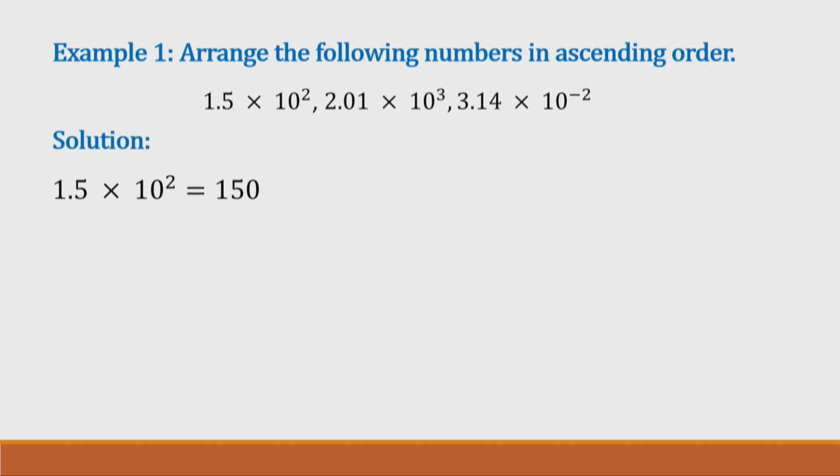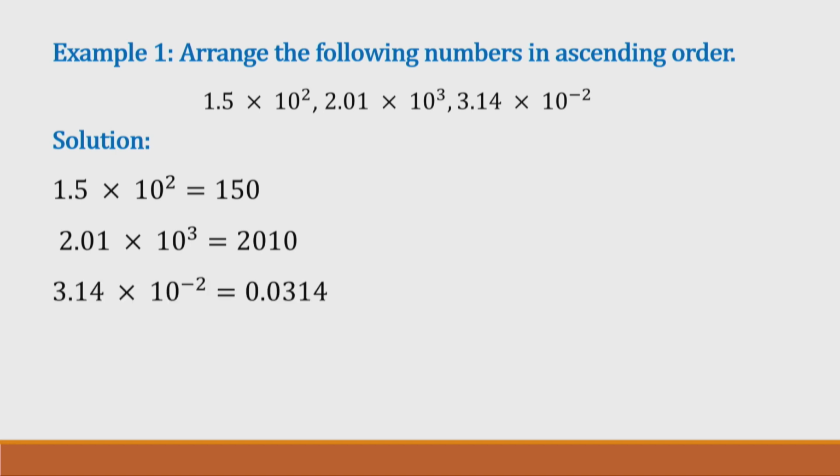So 1.5 times 10 to the power of 2 will be 150. 2.01 times 10 to the power of 3. So 10 to the power of 3 is 1000. So 1000 has 3 zeros. I need to move the decimal point to the right by 3 places, which will give me 2010. 3.14 times 10 to the power of negative 2.